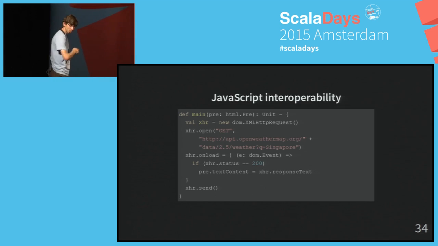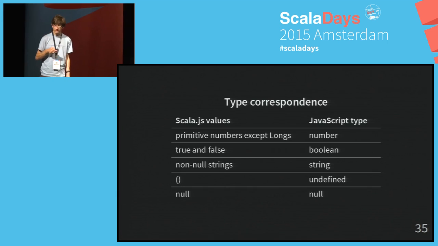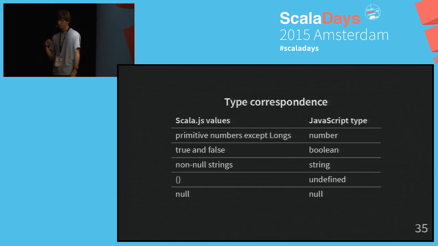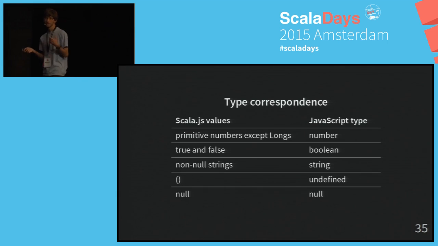This is why the language defines a couple of type correspondences between values in Scala.js and their data type in JavaScript. So it all boils down to this. You only have those. In particular, if we have a string, which is not null, so an instance of Java long string, it is a primitive string in JavaScript.